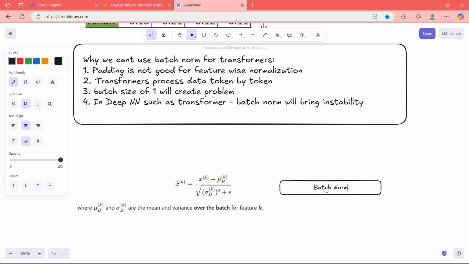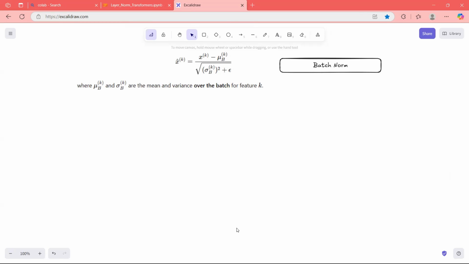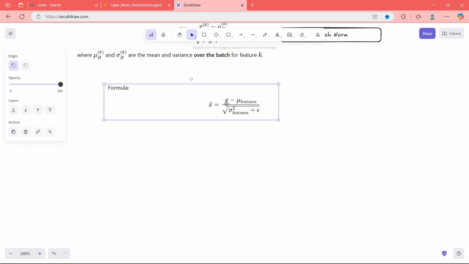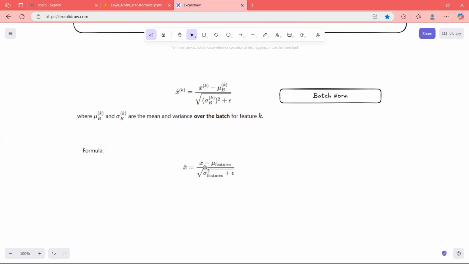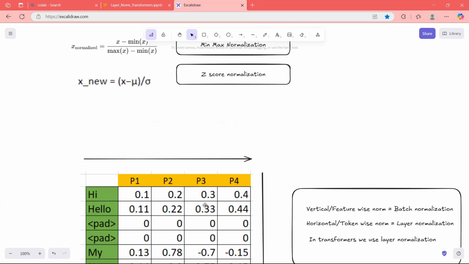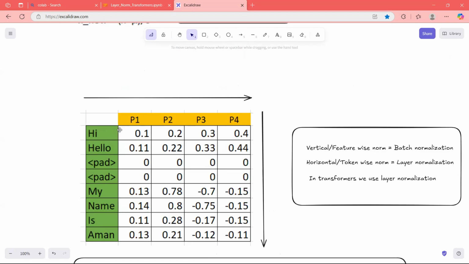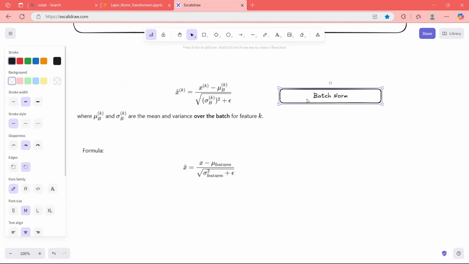And if somebody asks you what is the formula for layer normalization, you can give this formula where the new value will be x minus mu of features. Mu of features means it is coming in horizontally. So x minus mu of the word "hi", the first word if we consider, and sigma square of this first word, and then the epsilon, just so that division by 0 does not happen.